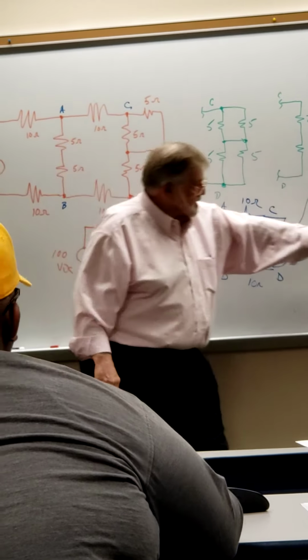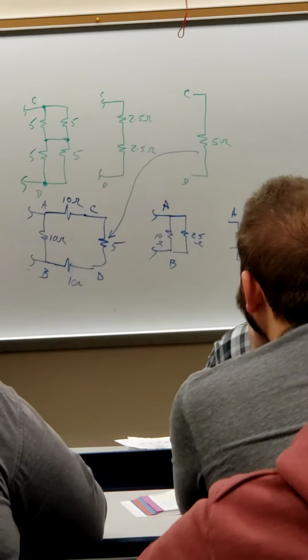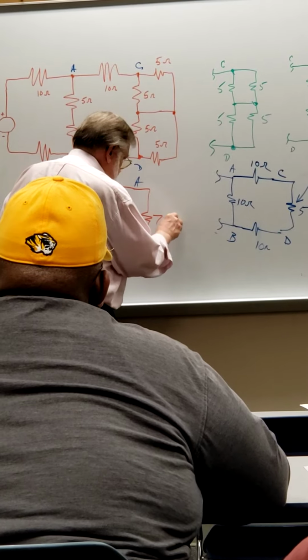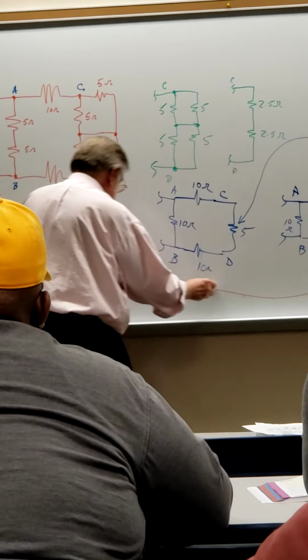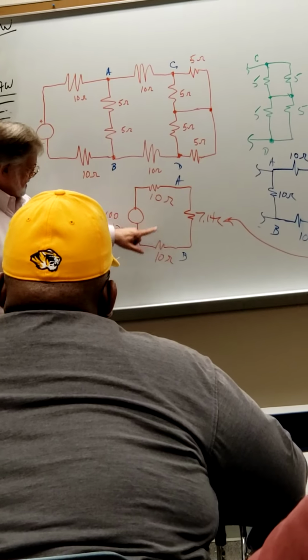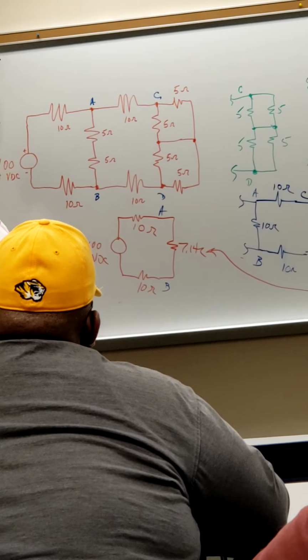And what did A and B turn out to be? 7.14. So that's a 7.14 resistor there. That's my final resistance: 10, 20, 7.14.